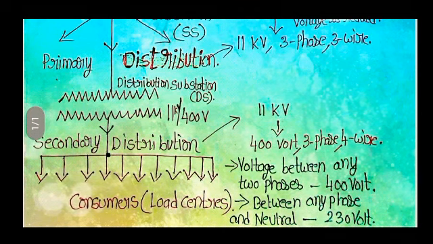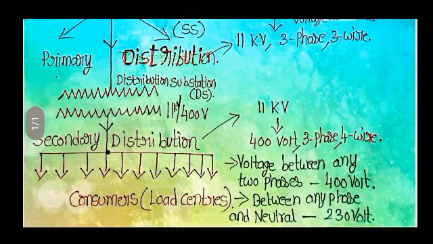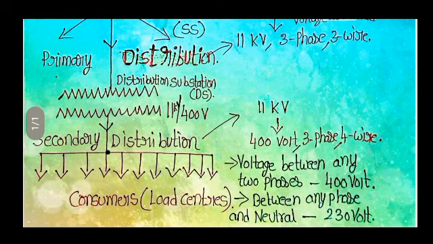If you observe the voltage between any two phases, it is 400 volts, and between any phase and neutral it is 230 volts. So these are the functions of transmission lines and distribution lines.